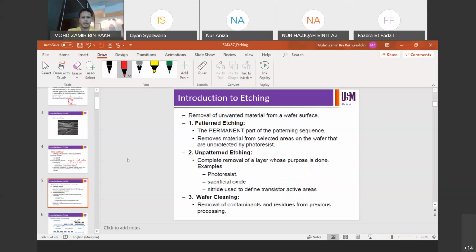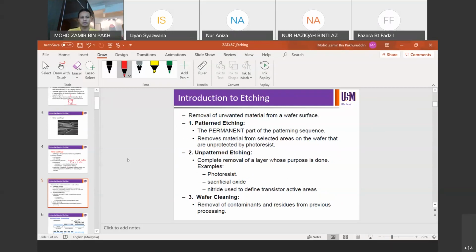All right, introduction to etching: removal of unwanted material from the wafer surface. You want to remove some parts of the material from the surface. So etching generally can be divided into three. The first one is pattern etching. You want to remove some parts of your patterns from the surface.